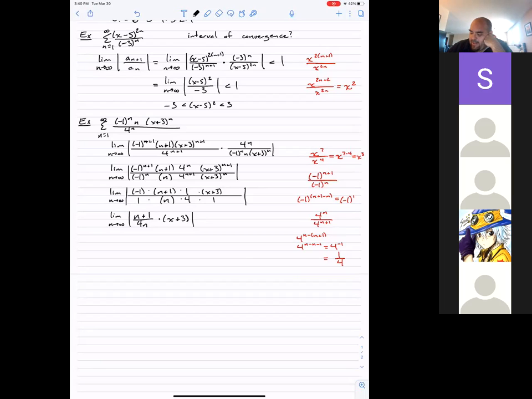All right, so how can I handle this limit from here? Here's one thing I'm going to point out. Is it okay if I do this? Now, these things are all equal to each other.